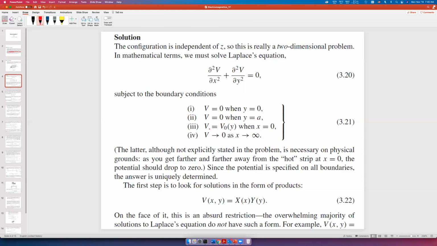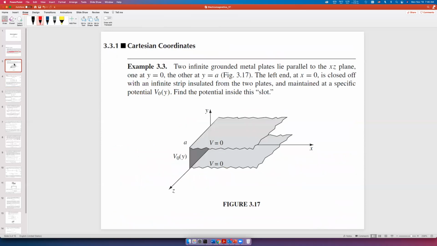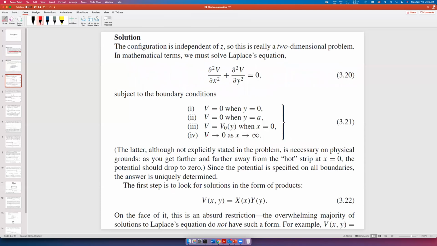Number three, V equals V0 when x equals 0. That is the closed-off potential at this dark gray region. And number four, V equals 0 when x is infinite.